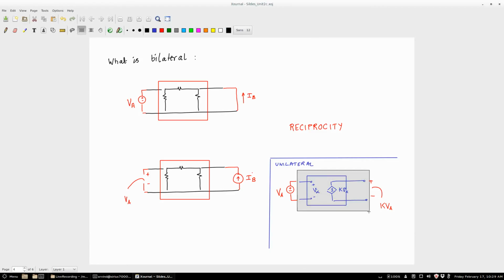It's a very simple system, right? Now, in this system, if I were to energize with A, what would be my voltage here? Right? This voltage would be A times VA. However, if I take this system, right?